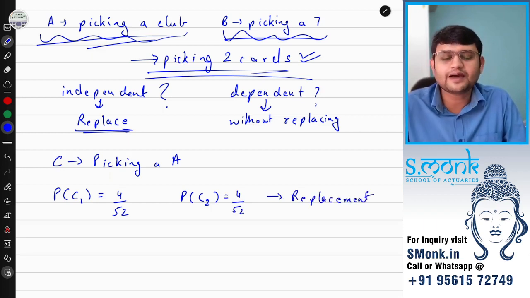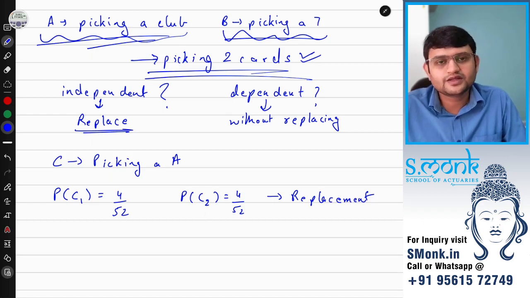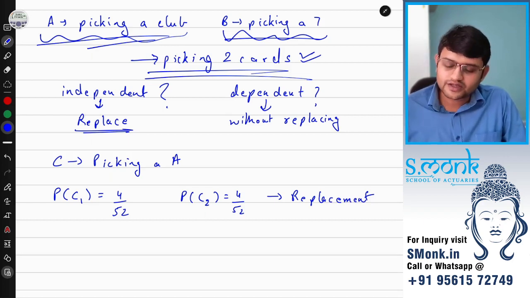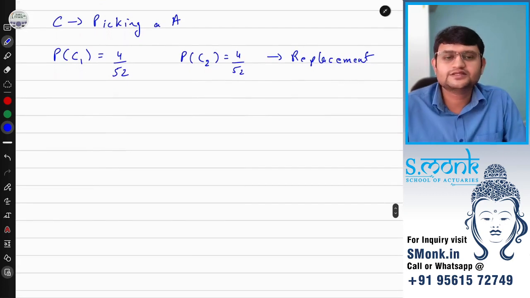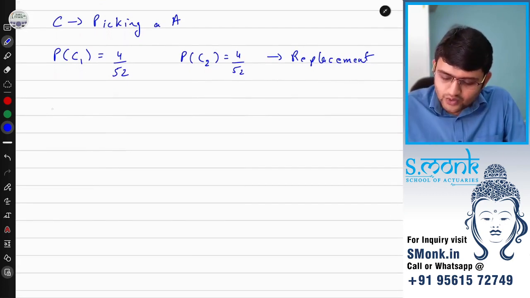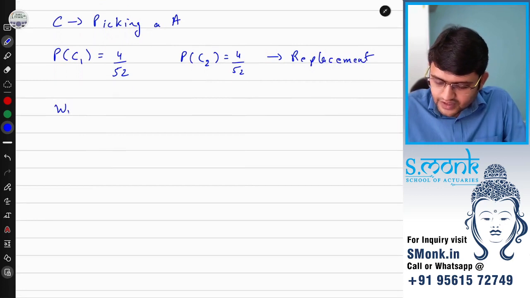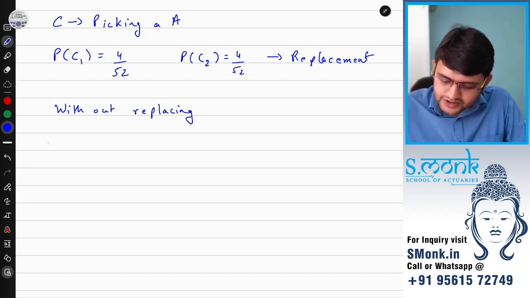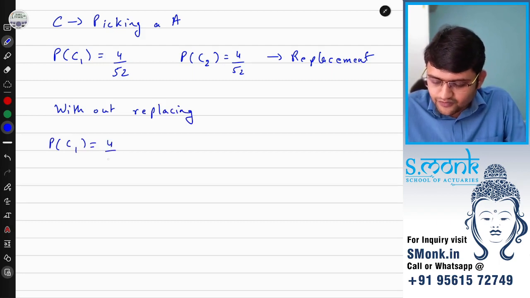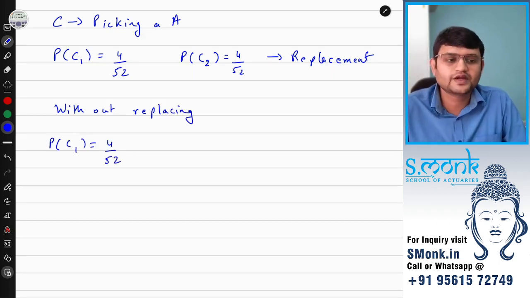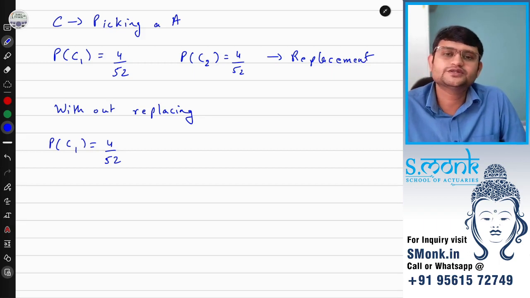If replacement is happening, then whether I pick an ace in the first card or in the second card, the probability will be exactly the same. But if I do not replace, the probability that I will pick an ace in the first card will still be 4 by 52. No problem. There are 52 cards and there are 4 aces.